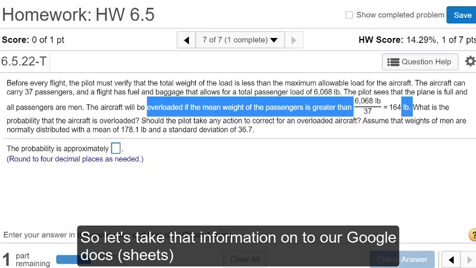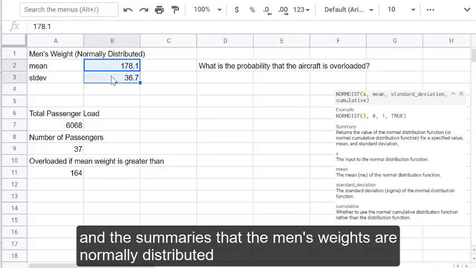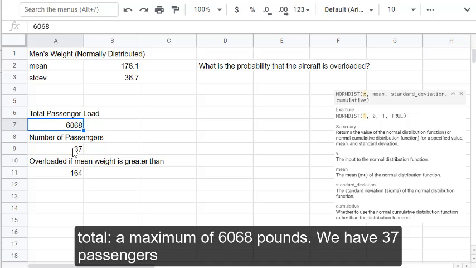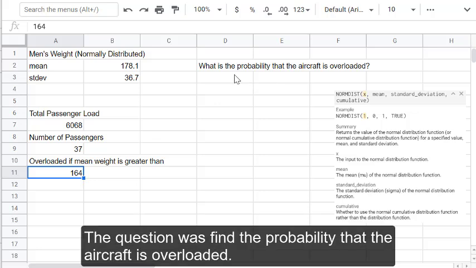So let's take that information onto our Google Docs. The summary is that the men's weights are normally distributed. We have the passenger load total, a maximum of 6,068 pounds. We have 37 passengers, and so we want to make sure that the mean weight is not greater than 164 pounds. The question was, find the probability that the aircraft is overloaded.